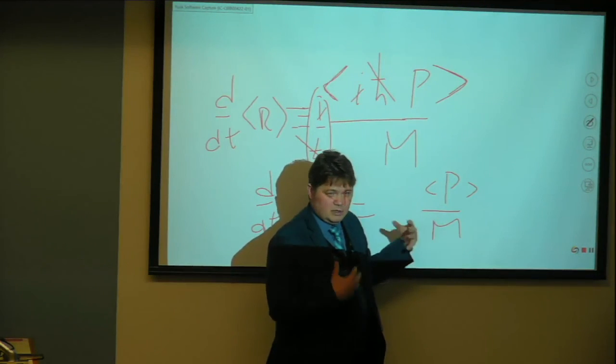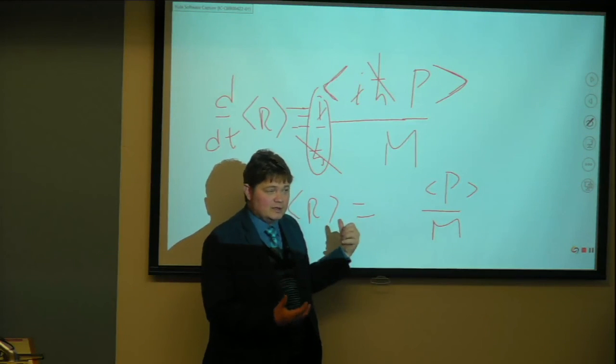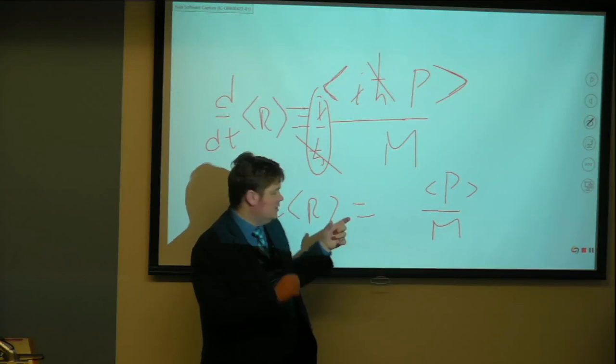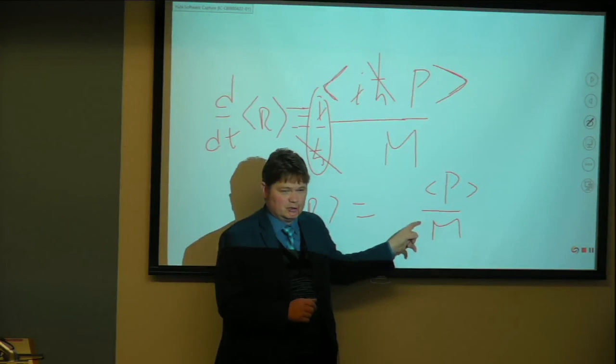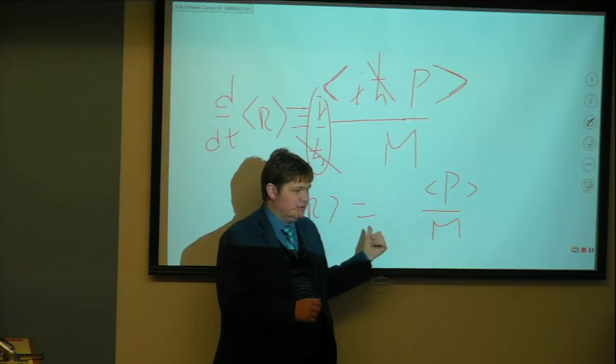So we reconstruct the definition of velocity and momentum, but it is not for points. It is for expectation values of wave functions. So this is basically the Ehrenfest theorem.